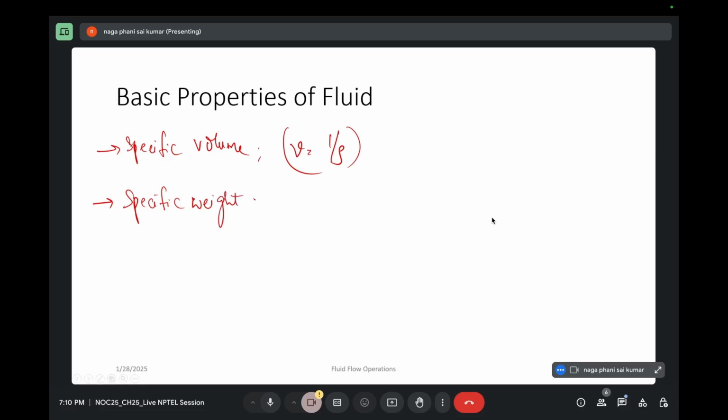Specific weight is nothing but weight of a sample per unit volume. This is represented by gamma. Then we have one important parameter, that is viscosity.